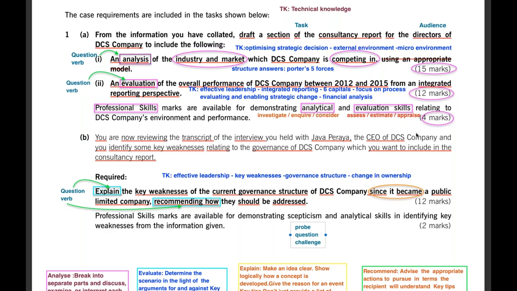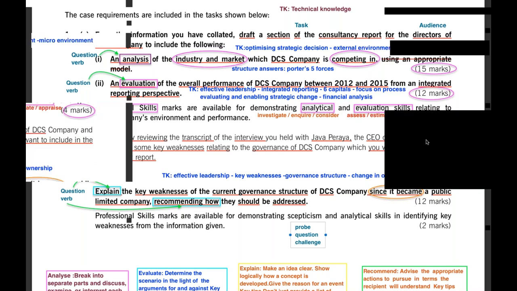These are the elements you will be looking at from the exhibits, and you are going to analyze it based on those headings. I hope that's clear.